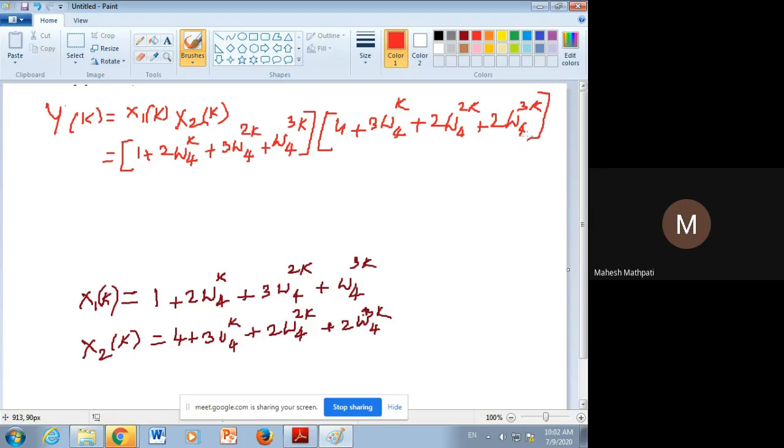Now you just multiply these two expressions and write the answer.